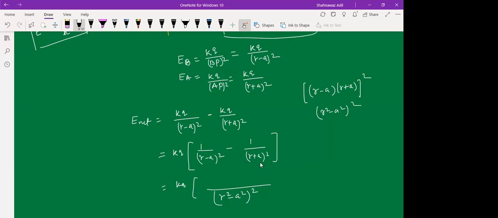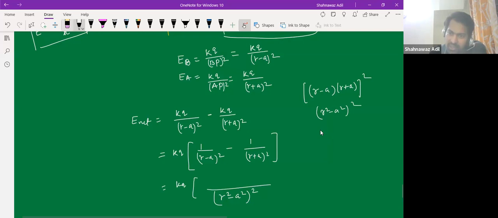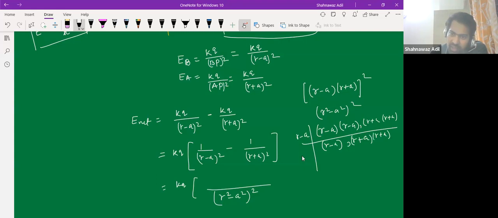Yes, sir. Yeah, you can also think of it in this way. We have R minus A, R minus A, R plus A, R plus A. So if we take the LCM, that would be R minus A, right? So this would be R minus A, R plus A and R plus A. And if we take R minus A again, then R plus A, R plus A, so this is 1.